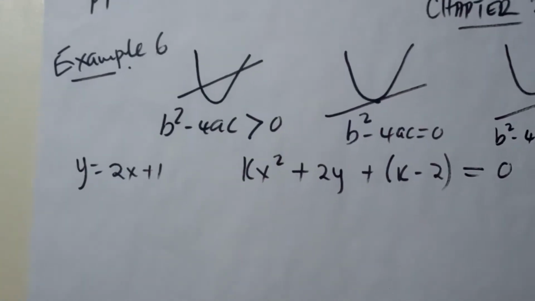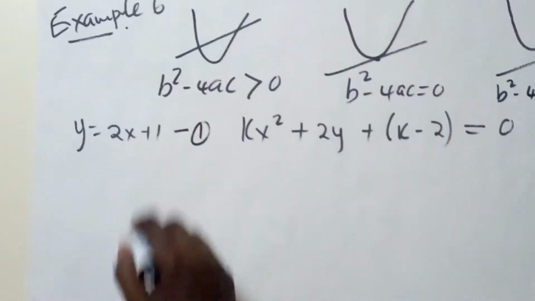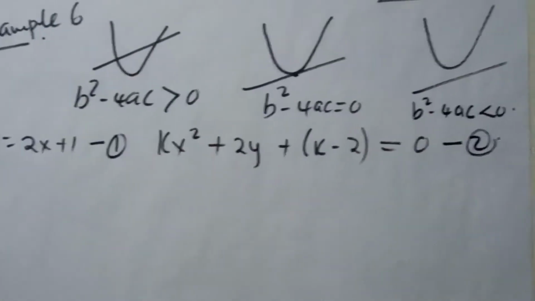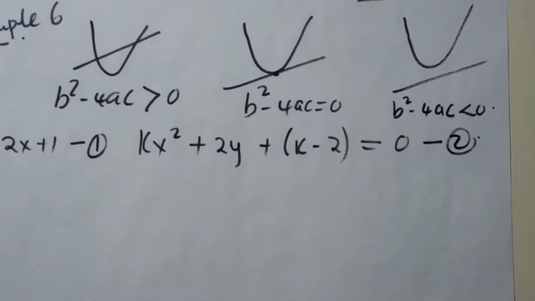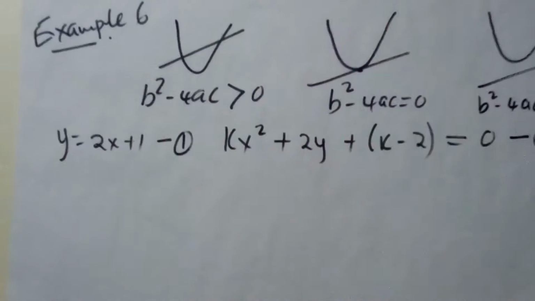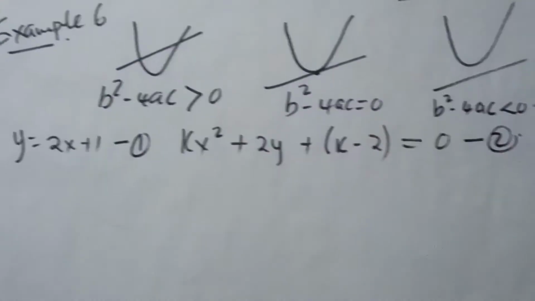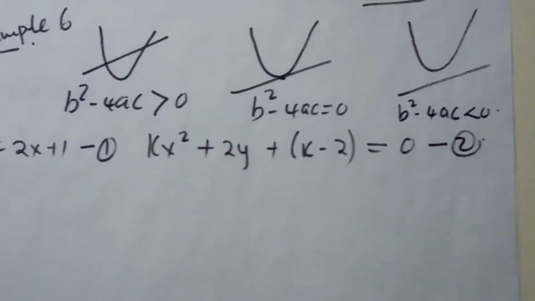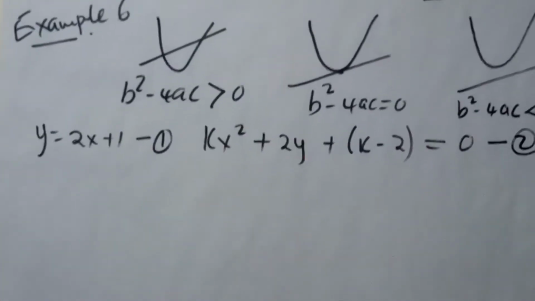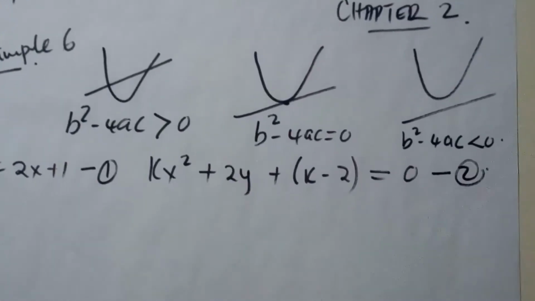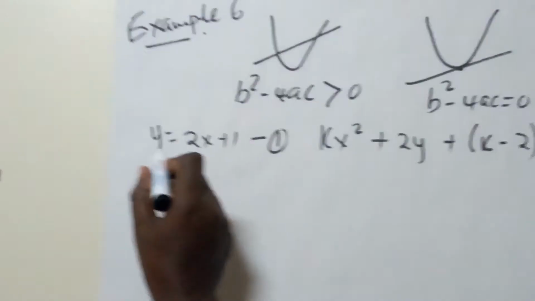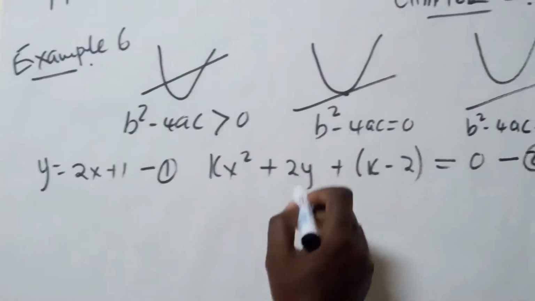Now you can see this one is equation 1, and we call this one equation 2. And we were told that the line with equation y equals 2x plus 1, equation 1, meets this curve at only 1 point. Of course, you can see this one is in terms of y, and there's a y there.